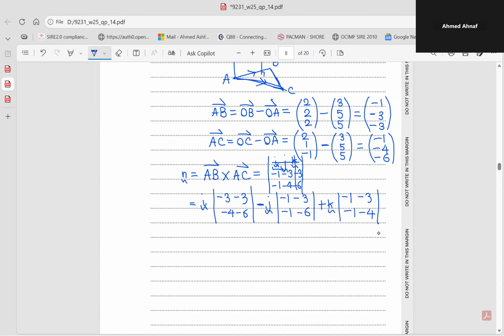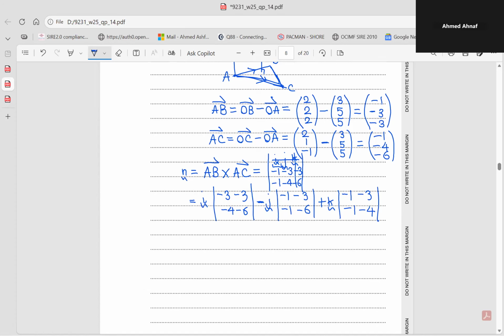Okay, you can see the process is very similar to finding the determinant of a matrix. So just cross multiply: -3 times -6 is 18, minus -3 times -4, that's 12.